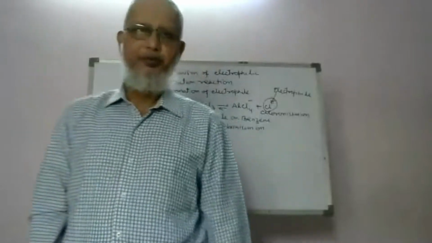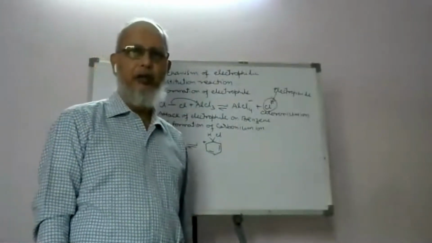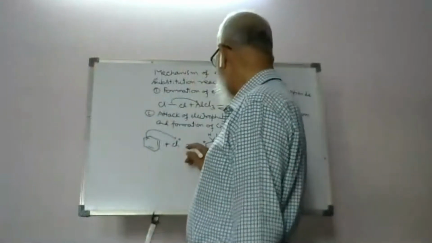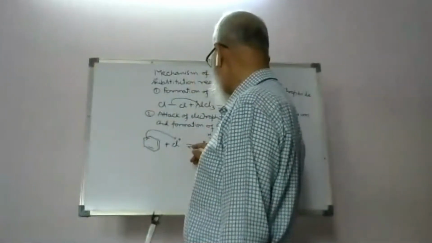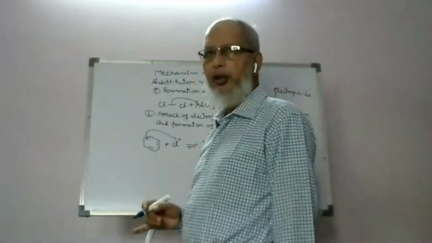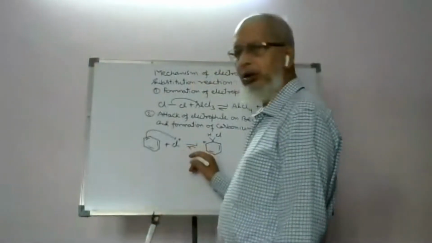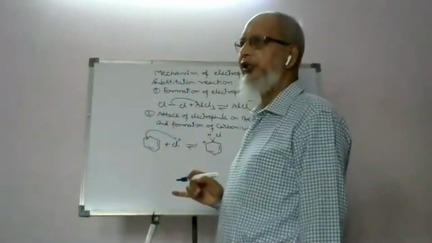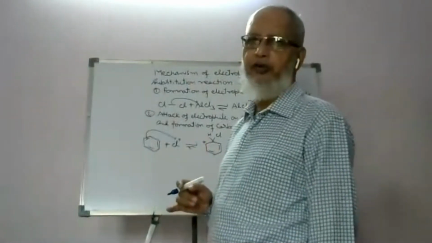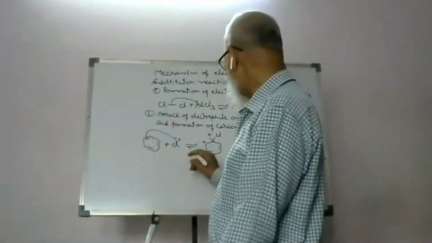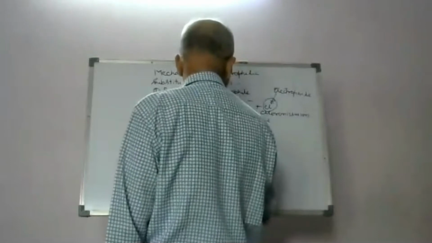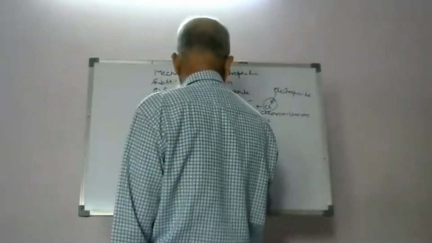This positive charge is present on the carbon atom, that's why it is called carbonium ion. And since this positive charge is in conjugation with the pi bond, there is a possibility of the phenomenon of resonance, and hence this carbonium ion gets stabilized by resonance. The resonating structure will be like this.